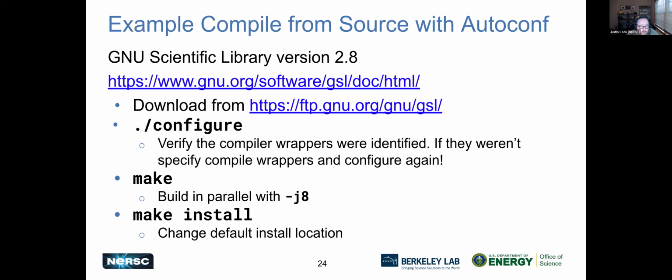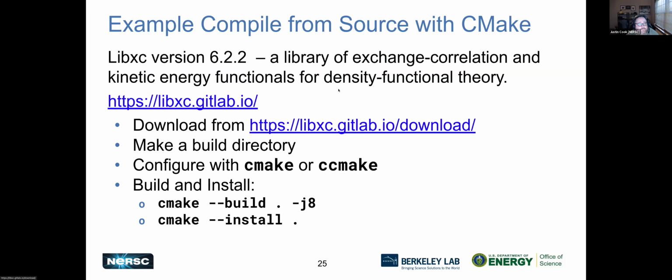You can do a make with -j8 parallel if you want, and then you can make install. libxc is another scientific library that a lot of users commonly use. And again, this one is CMake based. And so you just make sure that you run CMake to get the correct settings. Then you're going to go ahead and build and install with CMake as normal.